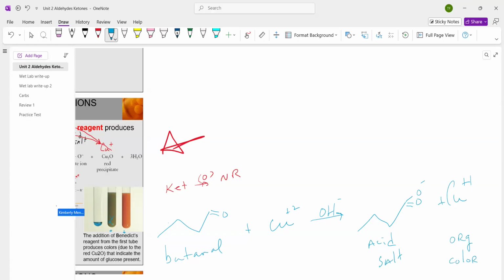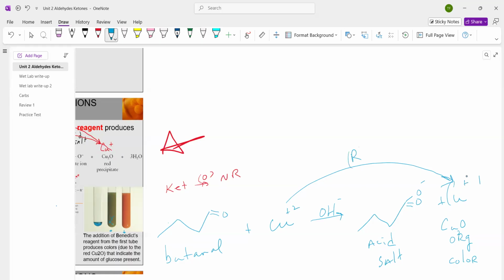because it forms copper oxide, that's Cu2O. Okay, so it goes from +2 to +1, and that's not an H there, that is a 1.